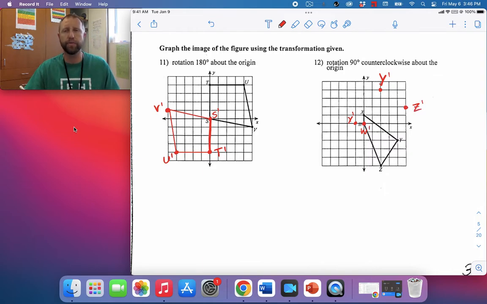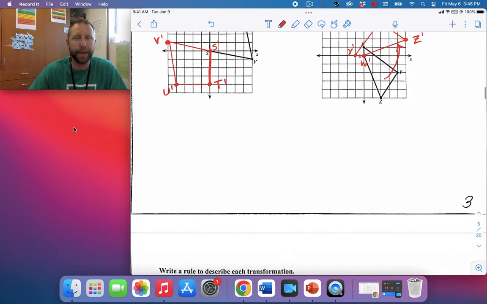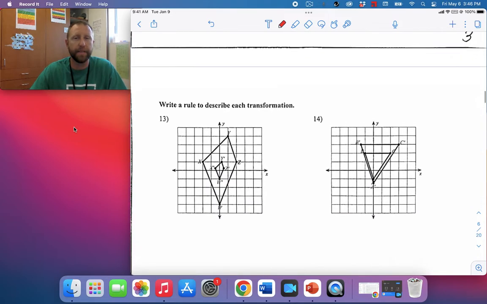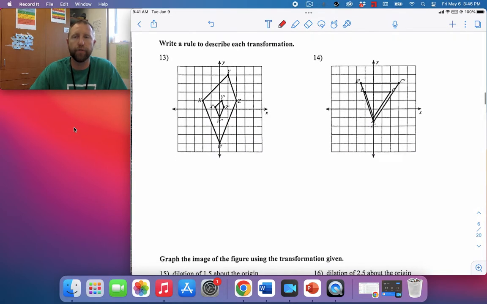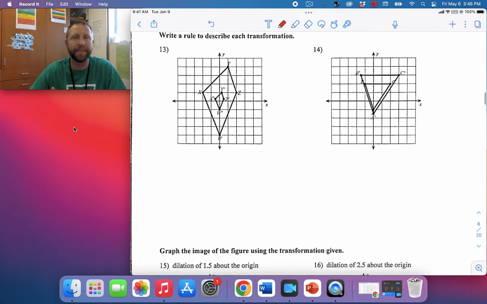I always put a little dash through my Z's so you don't think that it's a 2. But let's go ahead and connect those now. I've got there to there, there to there, there to there, and there to there. Okay? And that, you can tell, went whoop, 90 degrees counterclockwise. Okay? Last page for today. If you look at page 4 now, this is different.